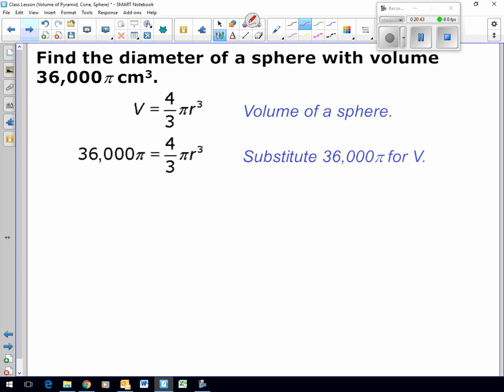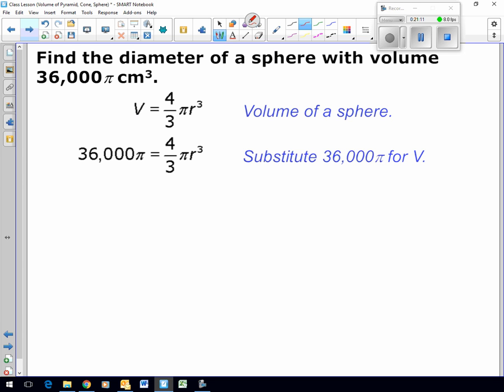All right. If I want to find the diameter, what's the relationship between diameter and radius? Okay. Radius is half the diameter, right? So if I solve for a radius and multiply it by 2, in effect, I'm solving for the diameter, right?